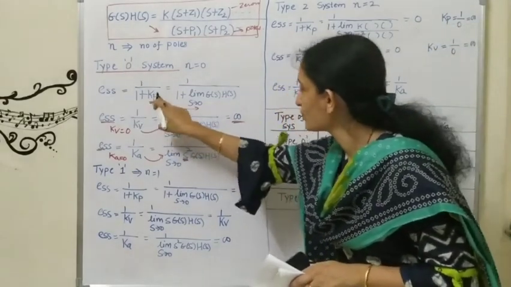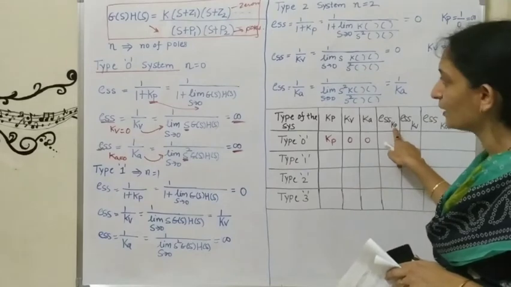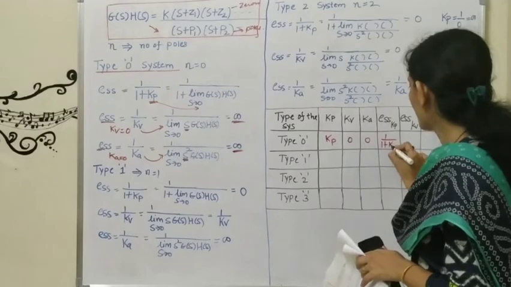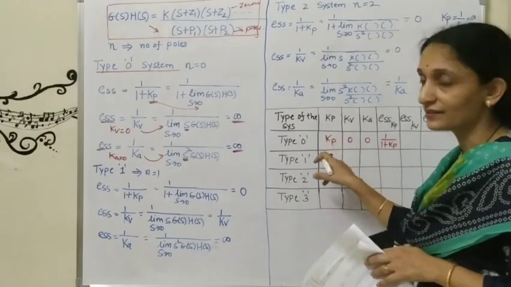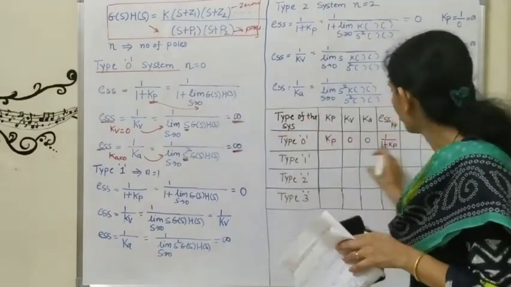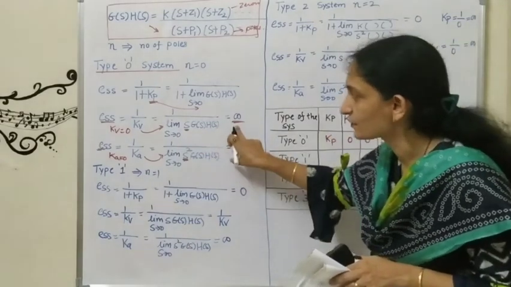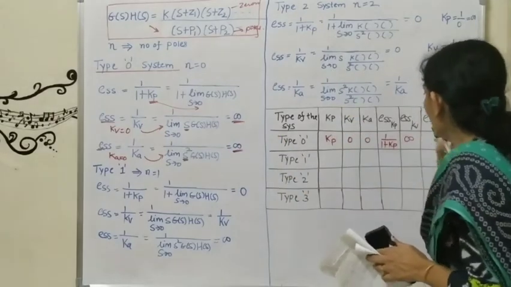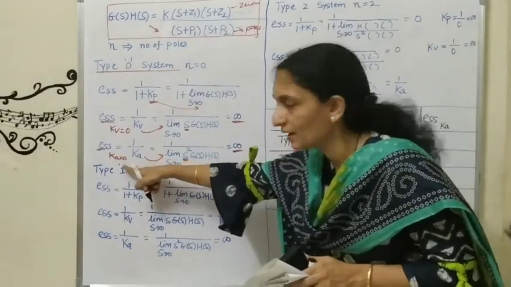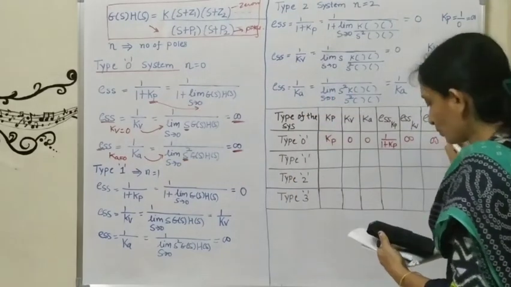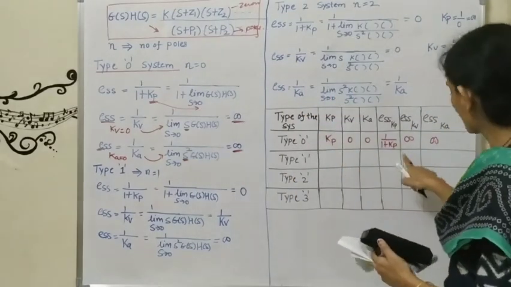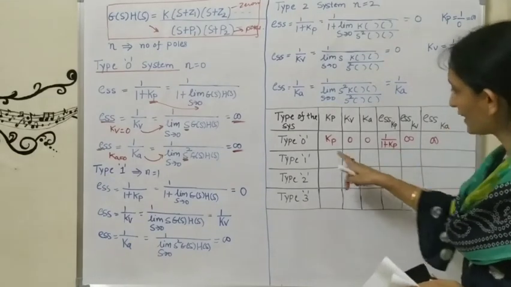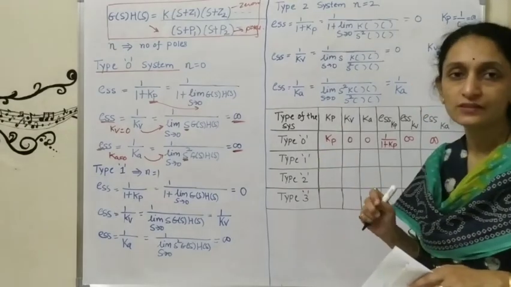Now ESS because of Kp is the same formula, 1 upon 1 plus Kp, since Kp is some constant value. ESS because of Kv, I got infinity, so I put infinity here, and for Ka also infinity. So here I got Kp, 0, 0, 1 upon 1 plus Kp, infinity, infinity. So we have calculated all these 6 terms for type 0.